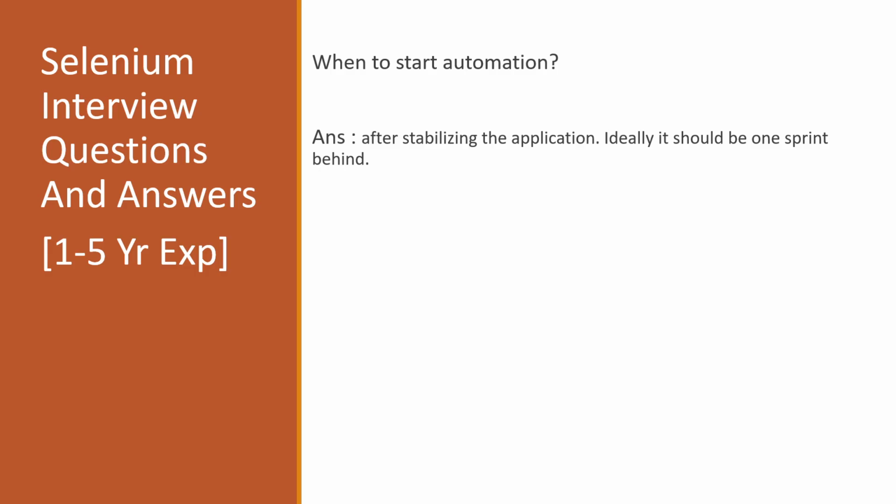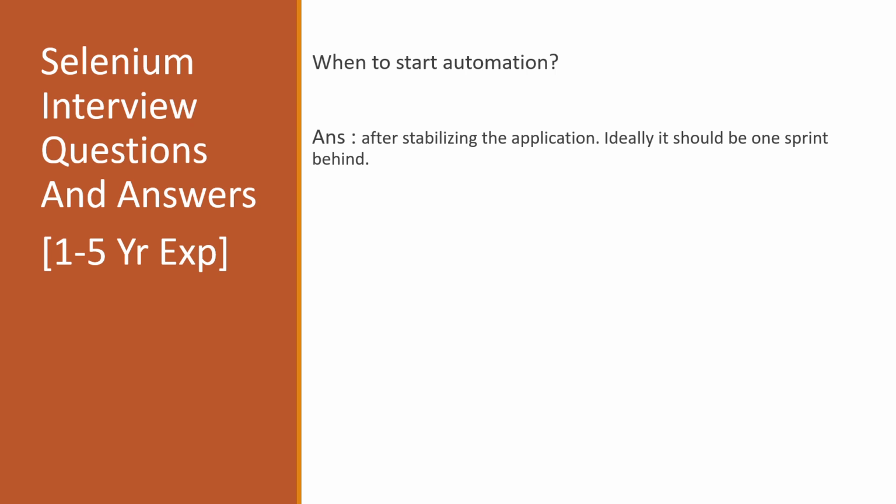But at that time, you have to start the automation, and you have to pick those test cases from sprint one only, not from sprint three, because those sprint one and sprint two test cases also you have to automate. So obviously you have to start from sprint one.